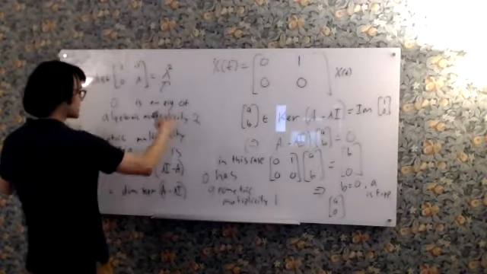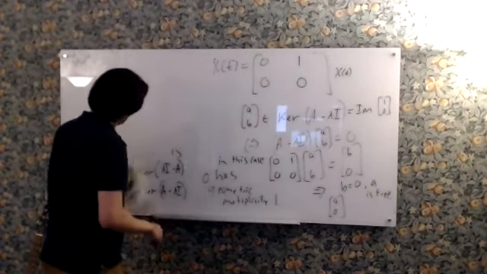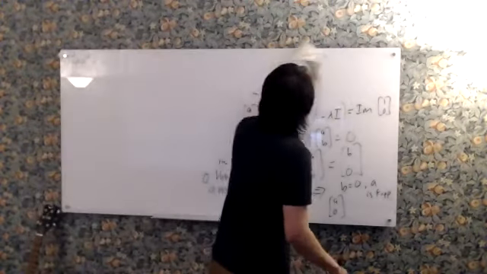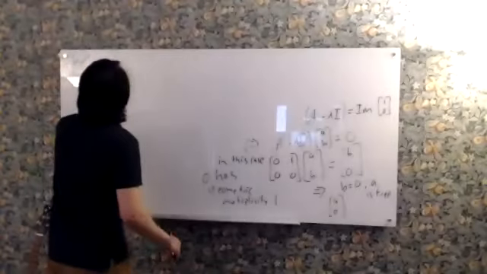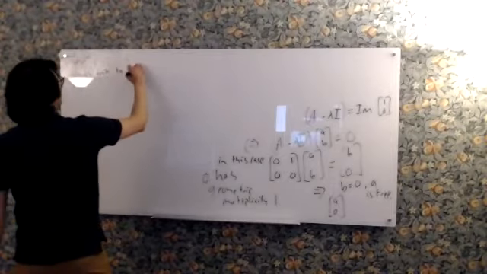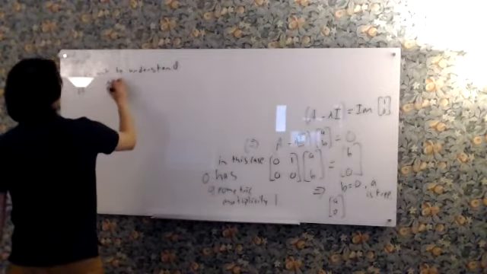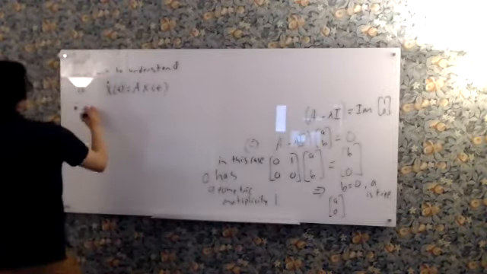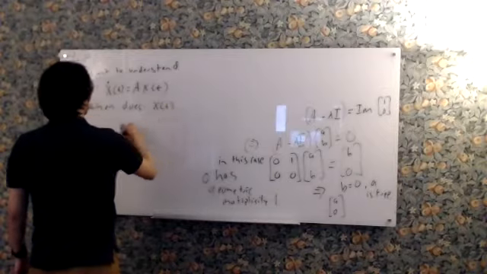So let's go deal with this a little bit more generally. What we want to understand is, if x dot of t is equal to A x of t, when does x of t remain bounded?